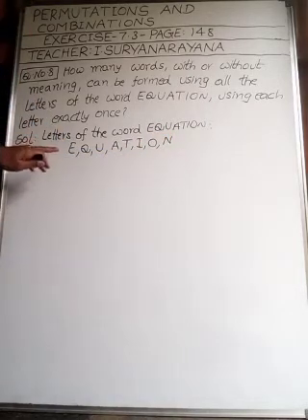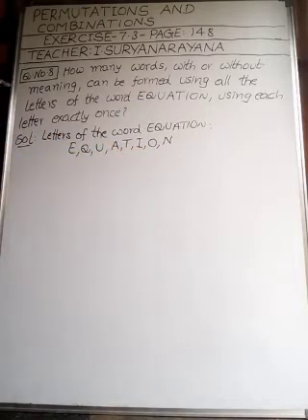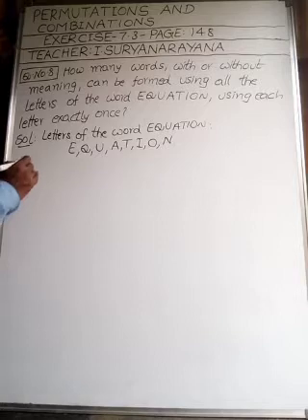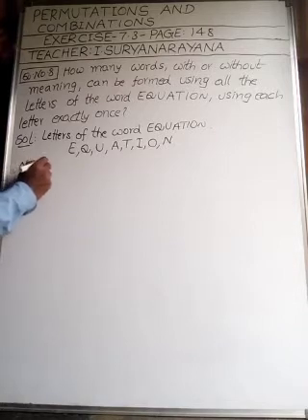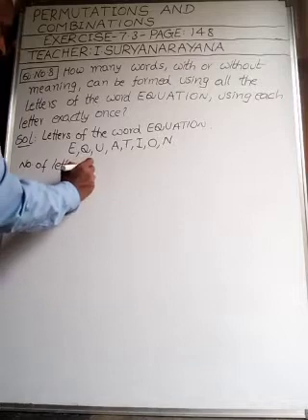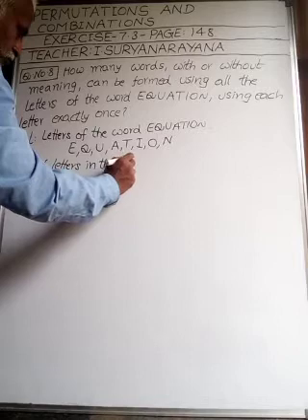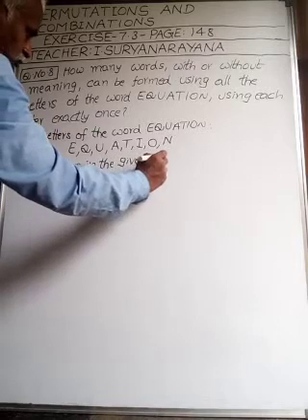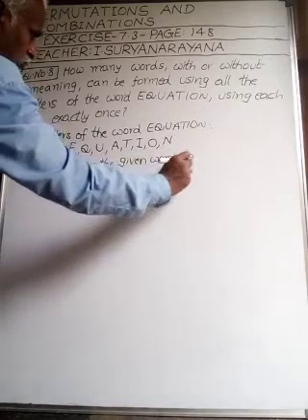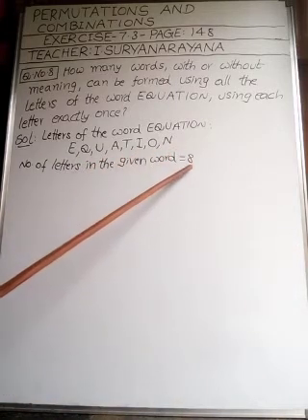How many letters are there? 1, 2, 3, 4, 5, 6, 7, 8. So total number of letters in the given word is 8.